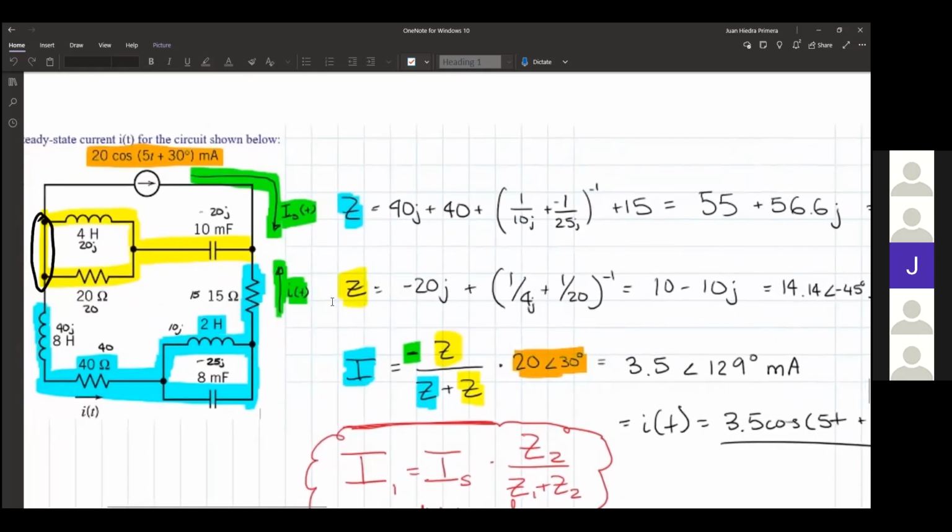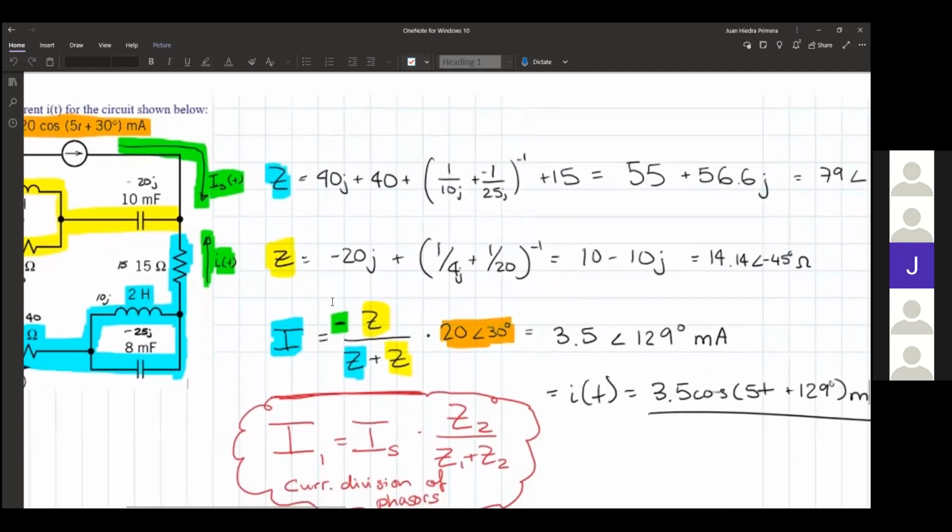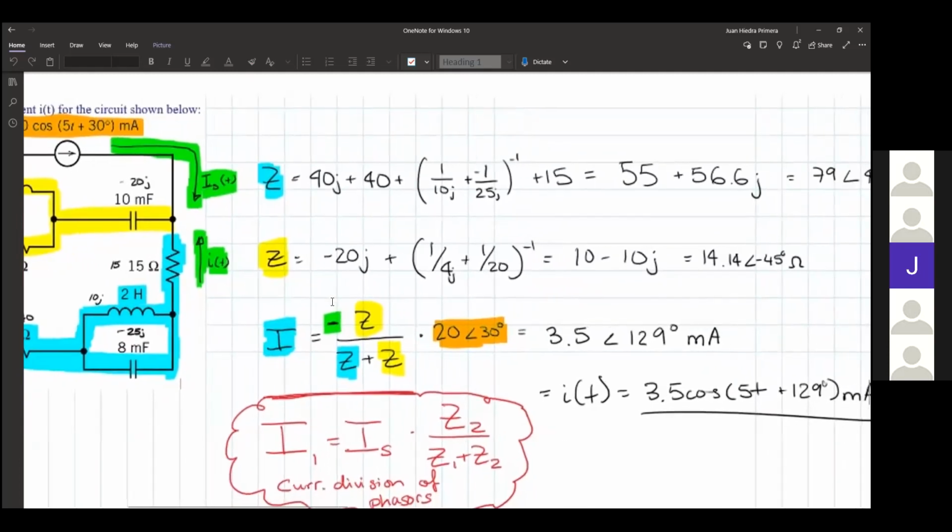Actually, I might have done a bit of a typo here. Let me just double check the numbers. If that's a typo, that's all right. I can just keep going from there. Just work out those numbers by hand real quick.